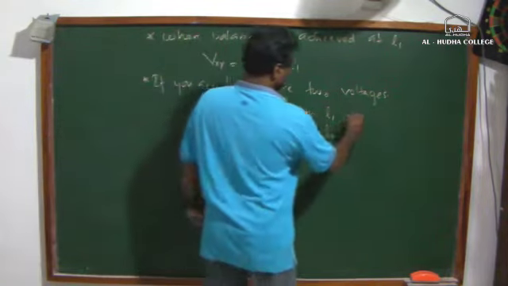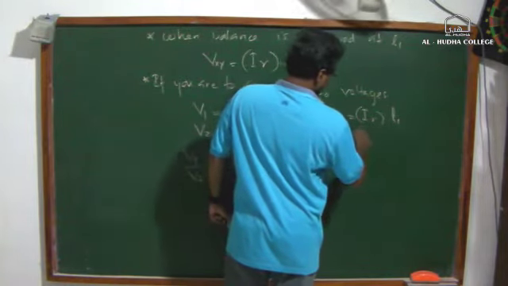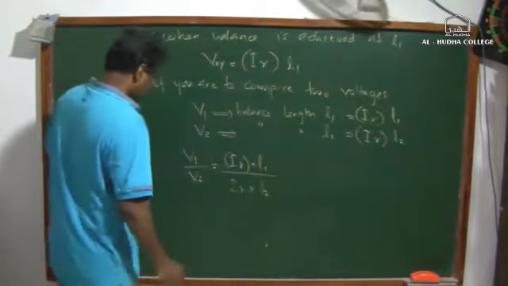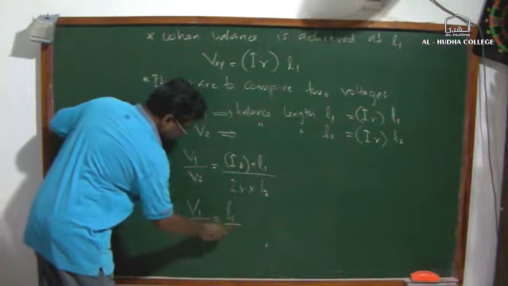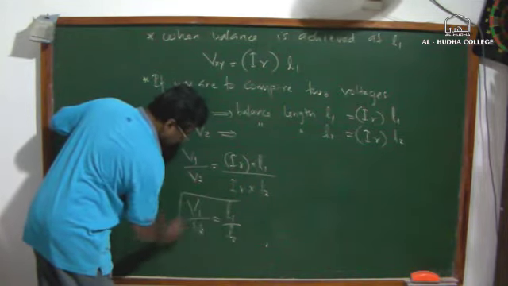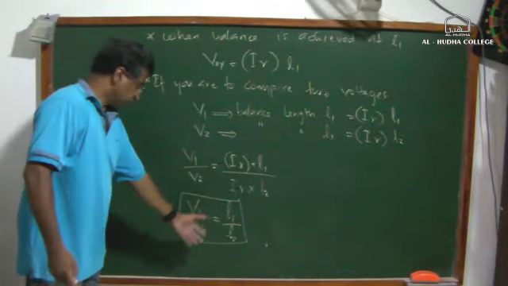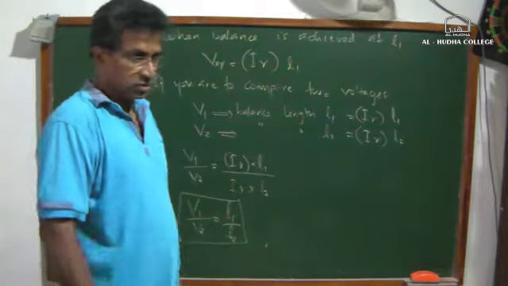So this is IR into L1, this is IR into L2. So V1 over V2 equals L1 over L2. So if you know the balance lengths, the ratio of the balance lengths is equal to the ratio of the voltages, right?